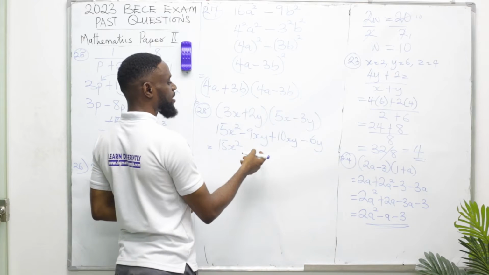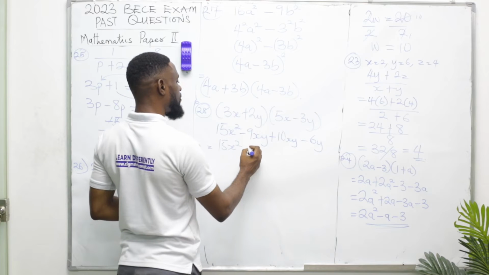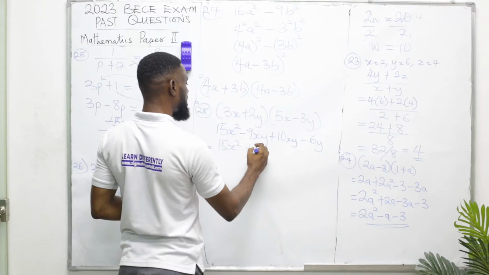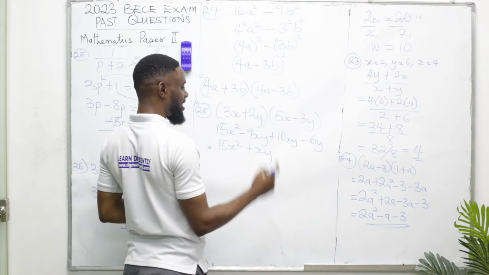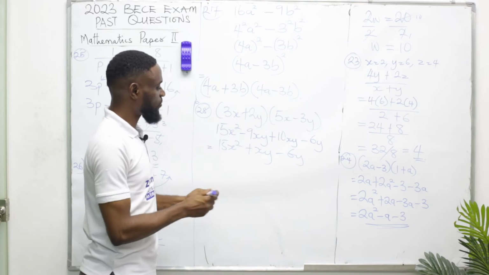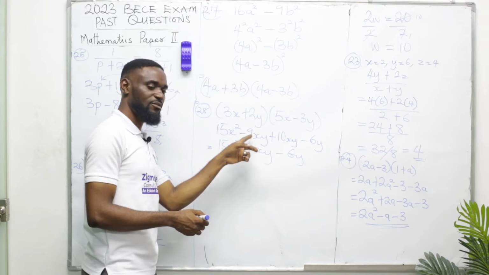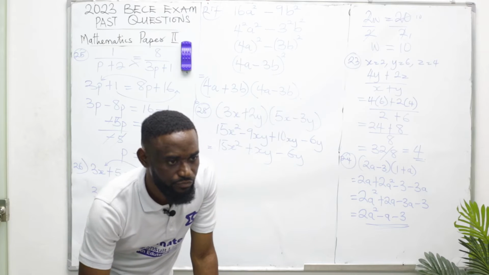So this is now xy. So this is plus xy because minus 9 plus 10 is 1, right? So minus 6y. They're asking us, what is the coefficient of xy? The coefficient of xy is 1, right?